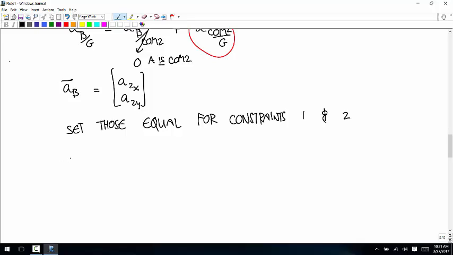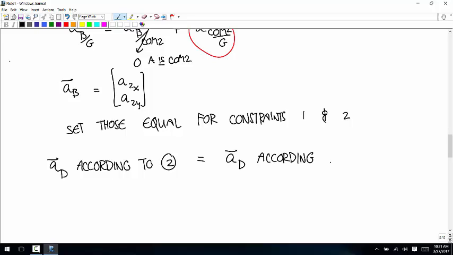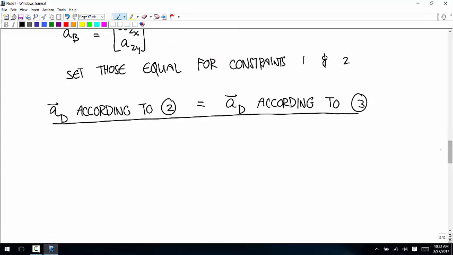And now we have to say that the acceleration at D, according to 2, is equal to the acceleration of D according to 3. So first, let's do member 2.